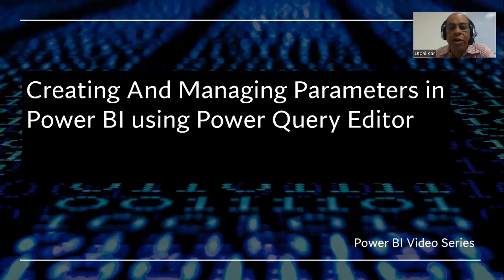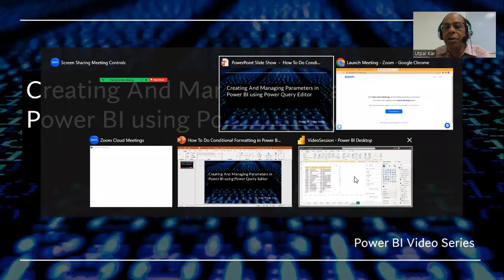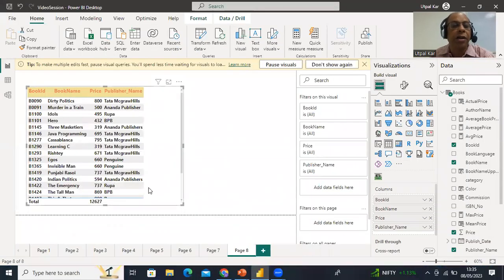So let's try to understand the importance of this activity. I'm moving to the Power BI report viewer where we have taken some data. Now you can see that the publisher names are coming. The books are being published from various publishing houses.